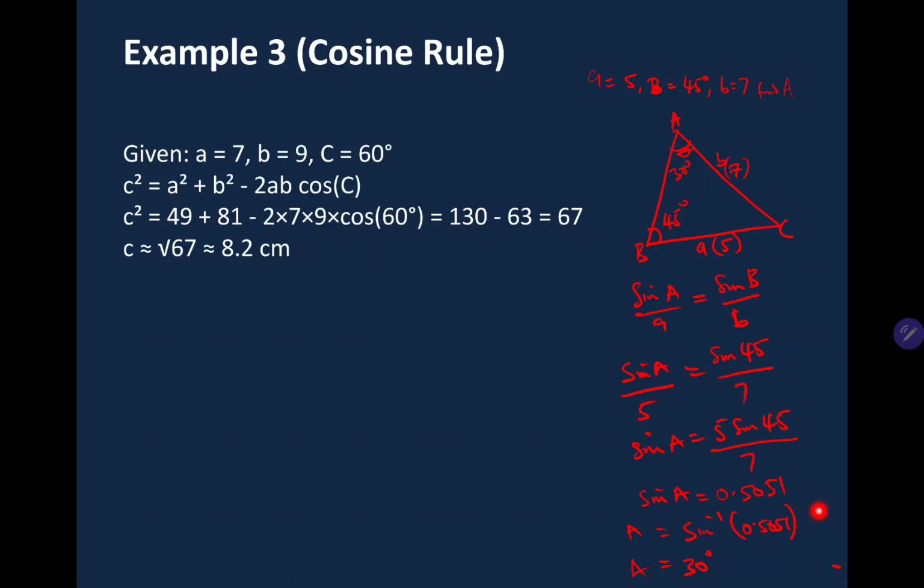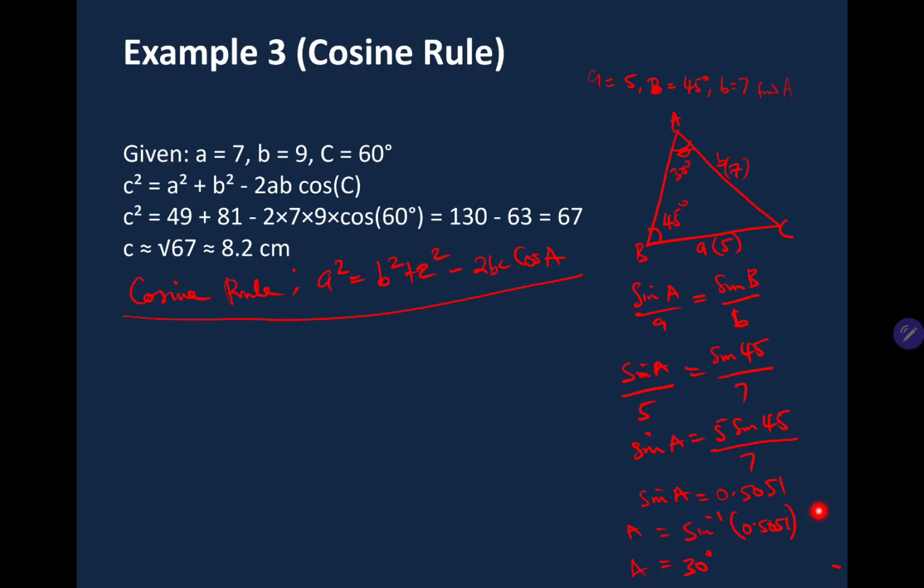Okay, so we go into the cosine rule, which says that a squared is equals to b squared plus c squared minus 2bc cos A. Please try as much as possible to always have this at the back of your mind, because with this you can find the side of any triangle.